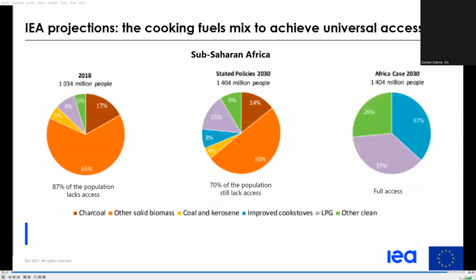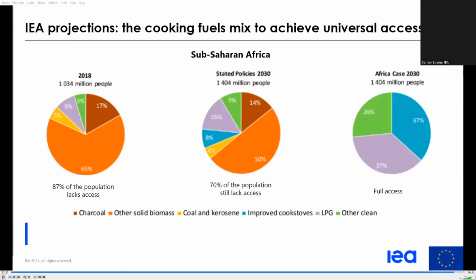To bridge the gap and achieve full access to clean cooking for all in the Africa case, LPG is the most scalable solution for urban settlements, with improved biomass cook stoves doing most to provide access in rural areas. LPG is the best solution as more than half of urban households gain access by 2030, as the population density justifies investment in the necessary infrastructure.